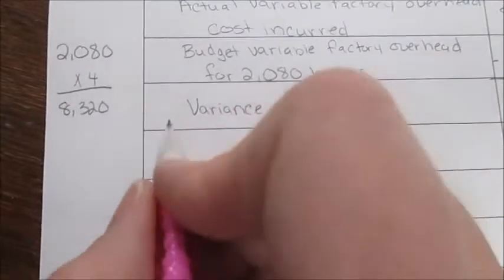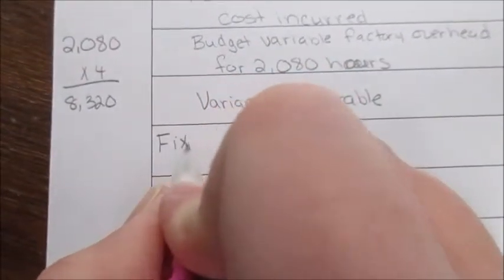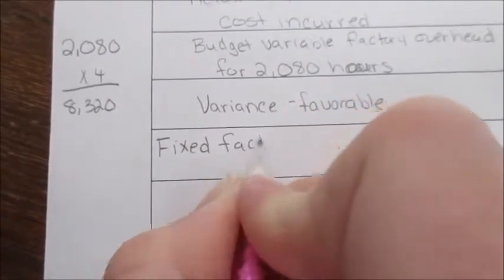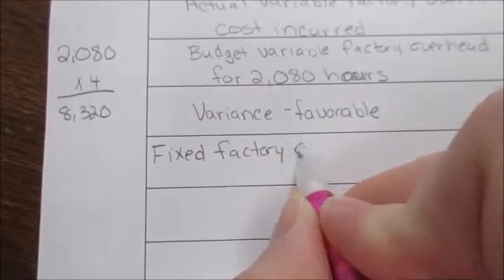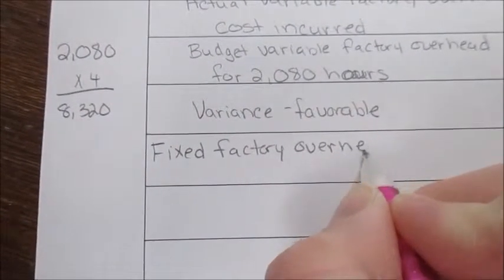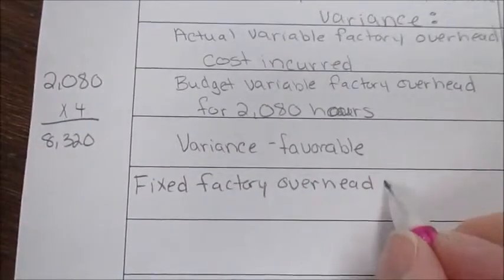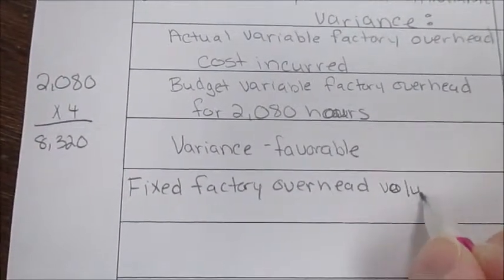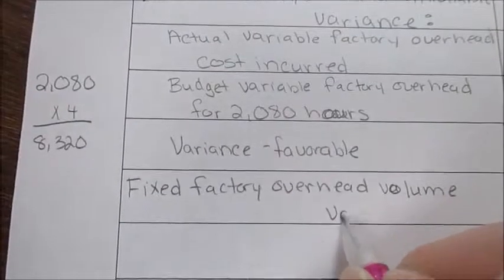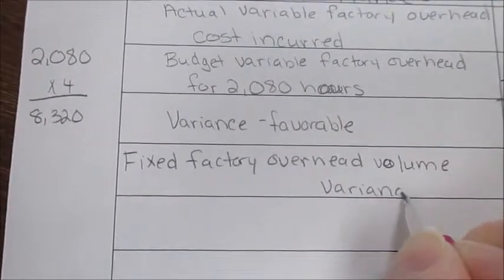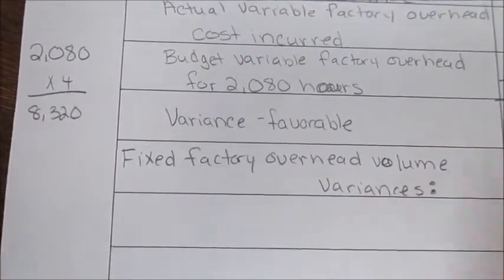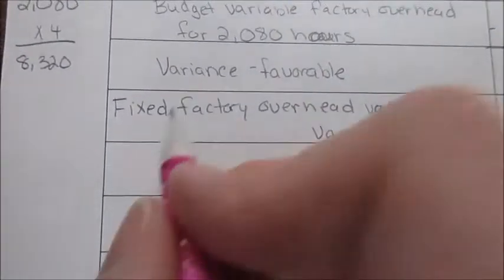Now we're going to look at our fixed factory overhead. So we're going to start back out to the left. Fixed factory overhead volume variances. Again, little colon, and we're going to indent.